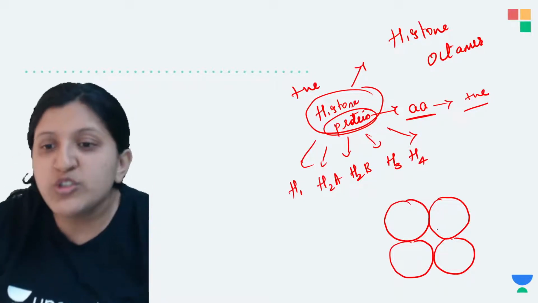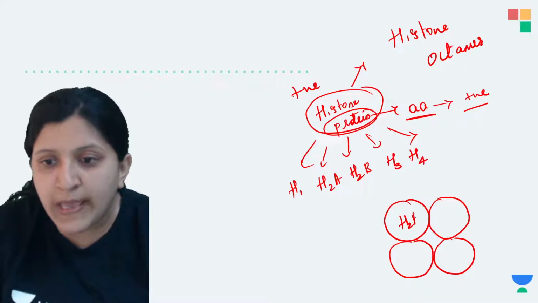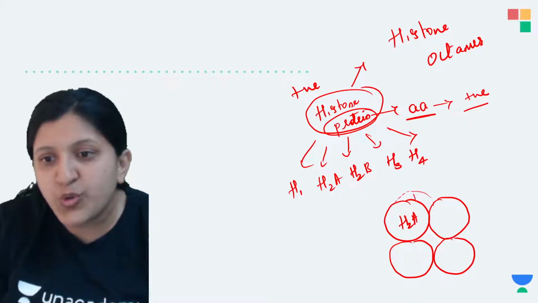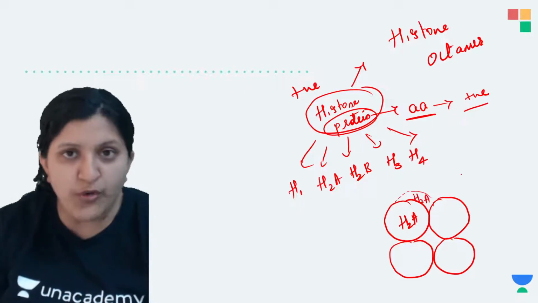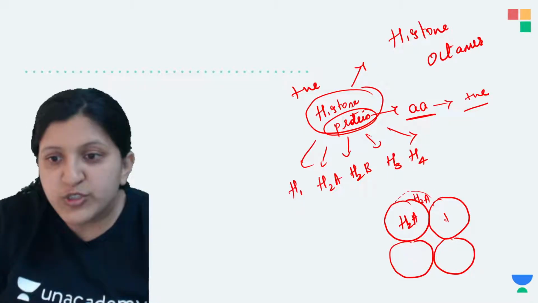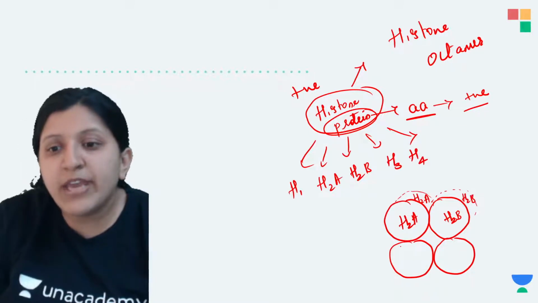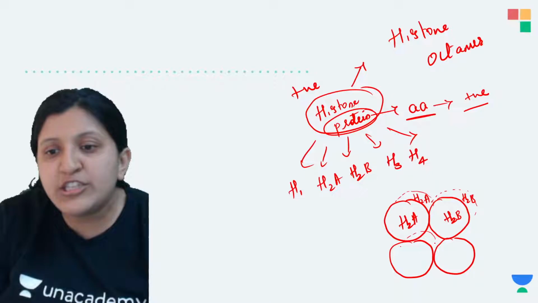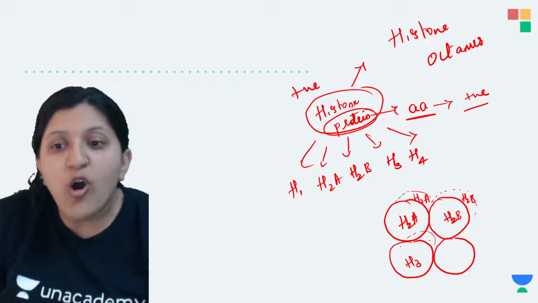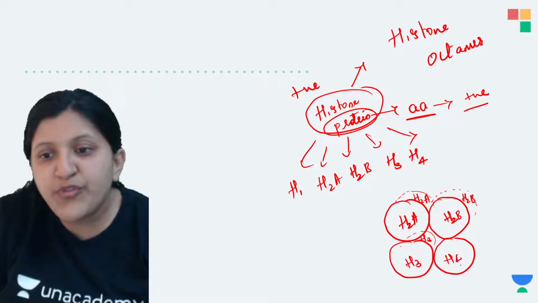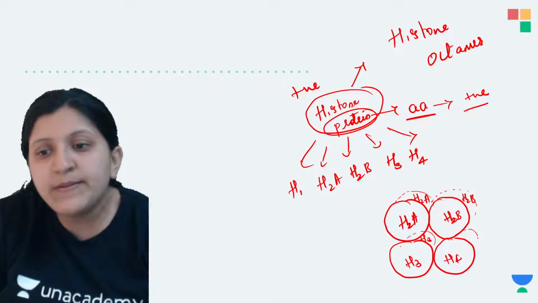Now this is H2A, and on the back there is H2A again, so two units of each. H2B is here, and on the back side again you can find H2B. Same way there is H3 here, and on the back side you can see H3. Now this is H4, and towards the back you can find H4.